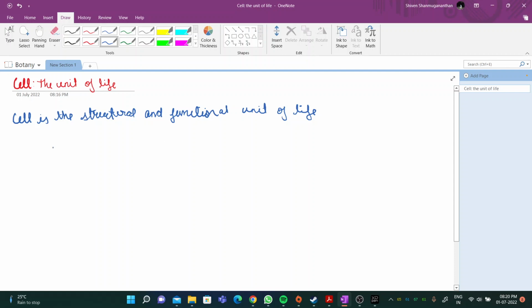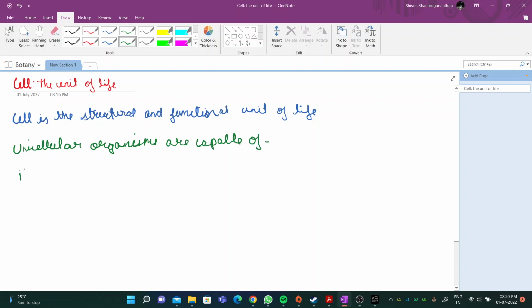Now organisms are of two types. They are unicellular and multicellular. Now, unicellular organisms are capable of, write this in green, unicellular organisms are capable of two things.